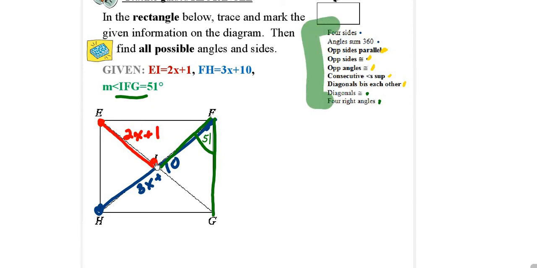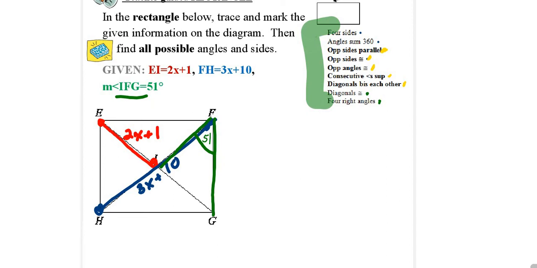Because this is a midpoint. Why do I know I is a midpoint? Going both ways, because the diagonals bisect each other. And because F all the way to H is the same as E all the way to G, that's because the diagonals are congruent in length.